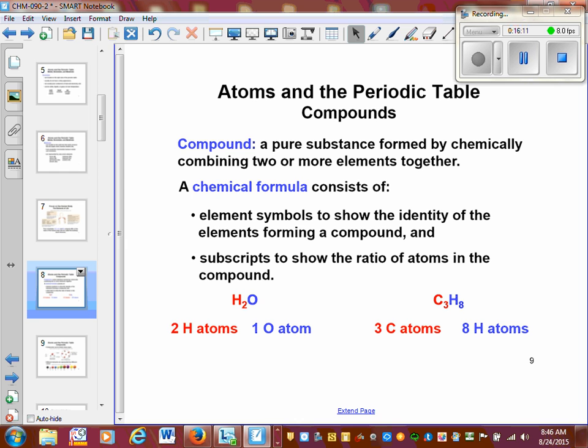Propane, C3H8, tells me I have 3 carbons, 8 hydrogens. It tells me how many of each element I have, but it doesn't necessarily tell me how they're put together. So we have to learn how they're put together. The subscripts tell me how much of each we have.